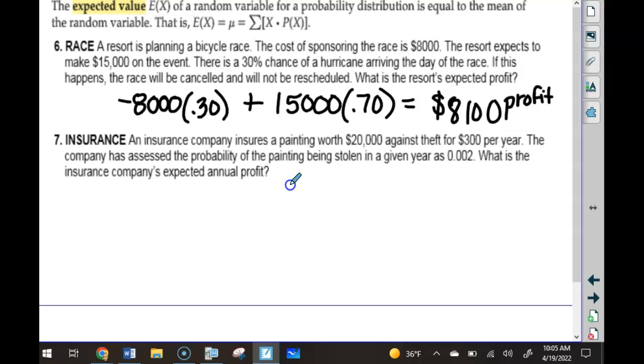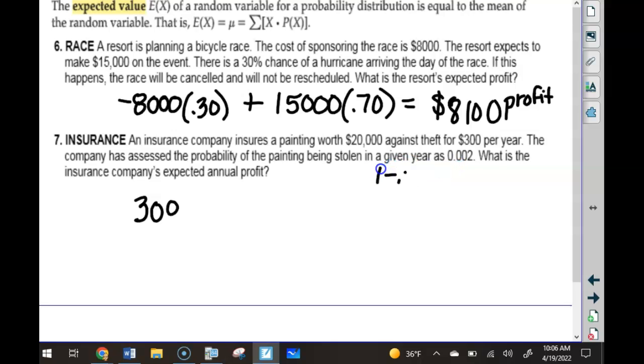Everybody has to pay the company how much a year? $300, yes? Okay, so everybody pays them $300 no matter whether they have a claim or not. So they get to keep the $300 as long as it's not stolen.